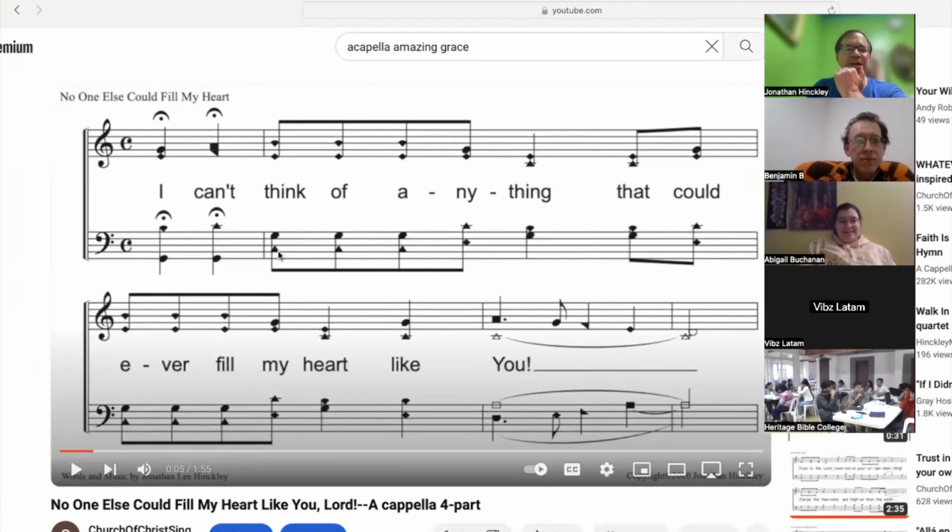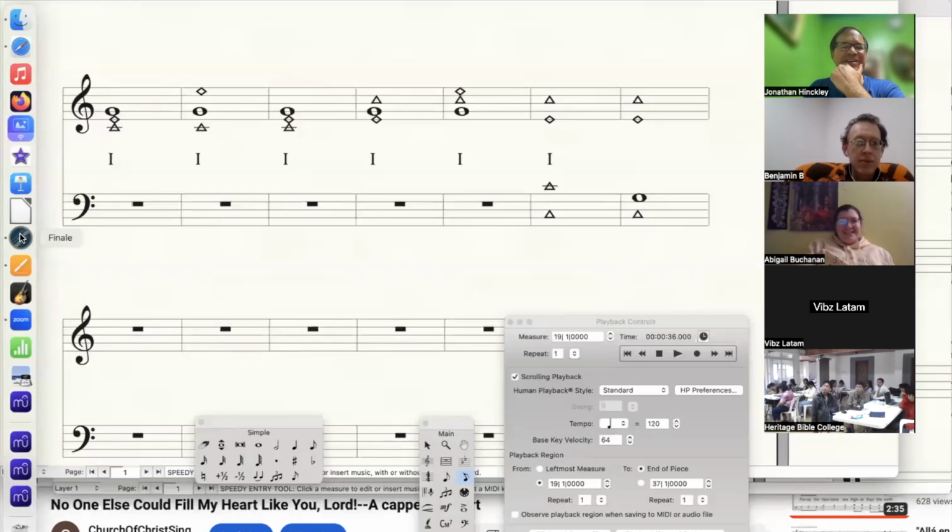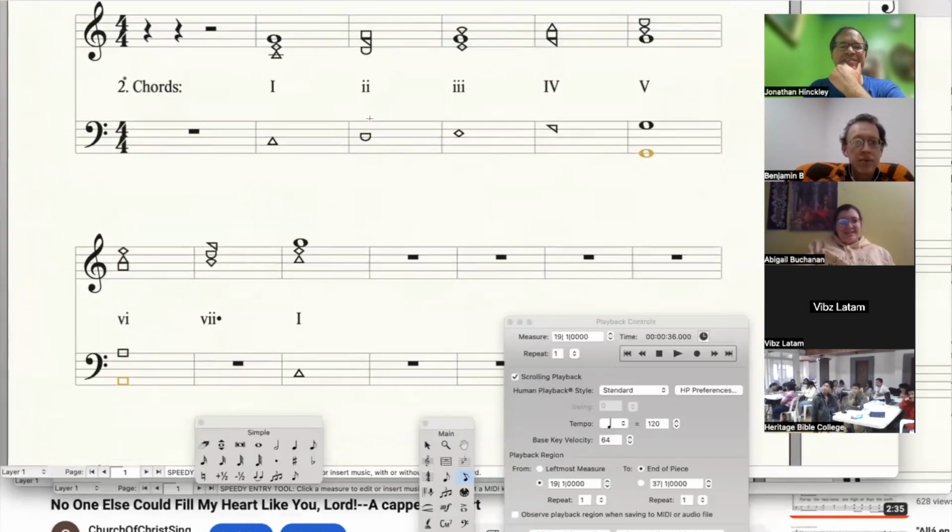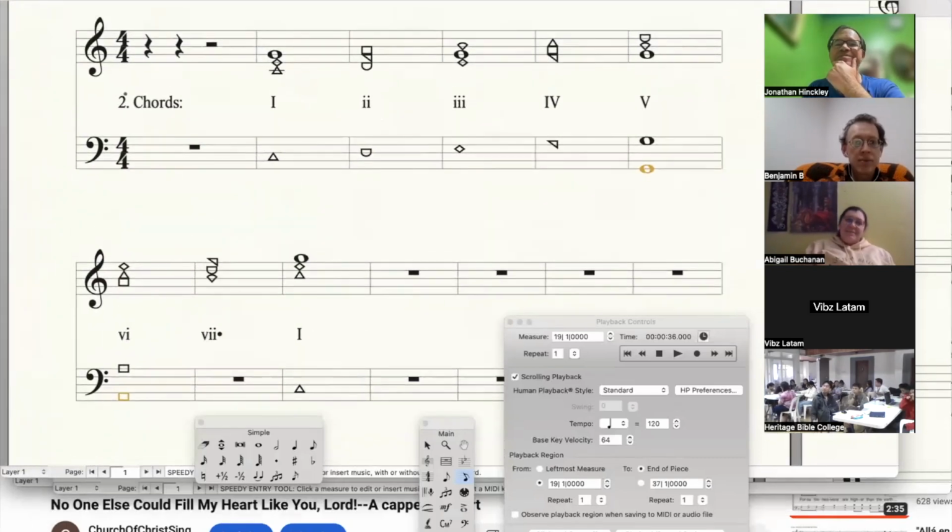Okay. So right here we have do, mi, sol, but we also have this. What is that? Oh, that's a ti. And I thought it was a me from far away. An ice cream cone, right? The cone. That's a ti. So what we actually have here is, let's go back to intervals.